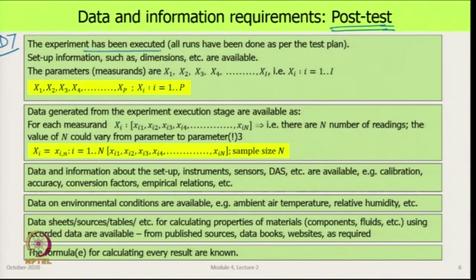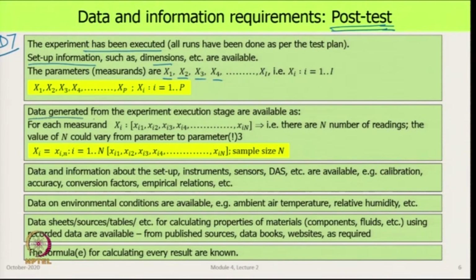So, we are doing the post test analysis. We have all the information about the setup, for example, its dimensions and other things, and we have all the measurements for each one of these measurands. So, each one was measured many times, and that we said that we have individual data in that.